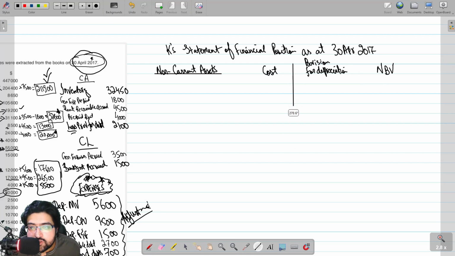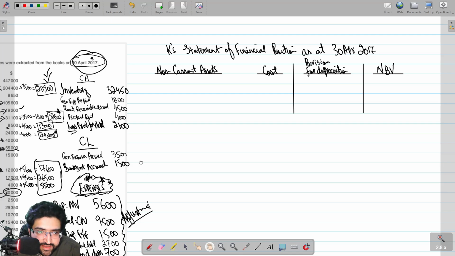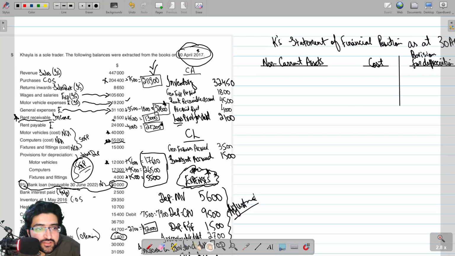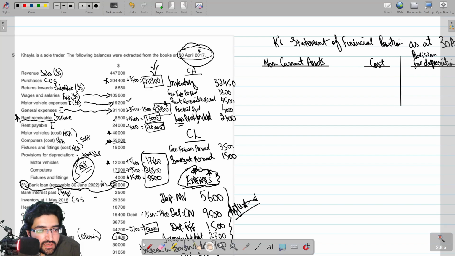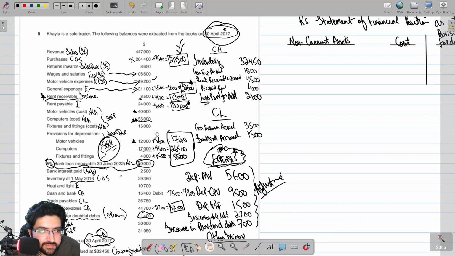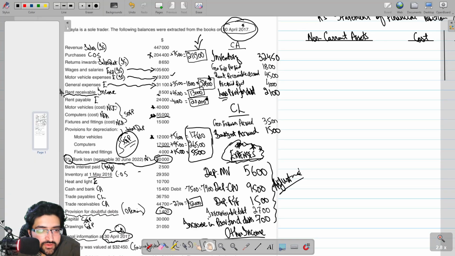Okay, so we will need these 3 columns here only in the non-current asset section part. Okay, these are these headings. All we have to do is copy the values from the question to here now. So what was the first non-current asset that we had? We had motor vehicle. Okay, you can look here. Let me move this here so that you can see properly.